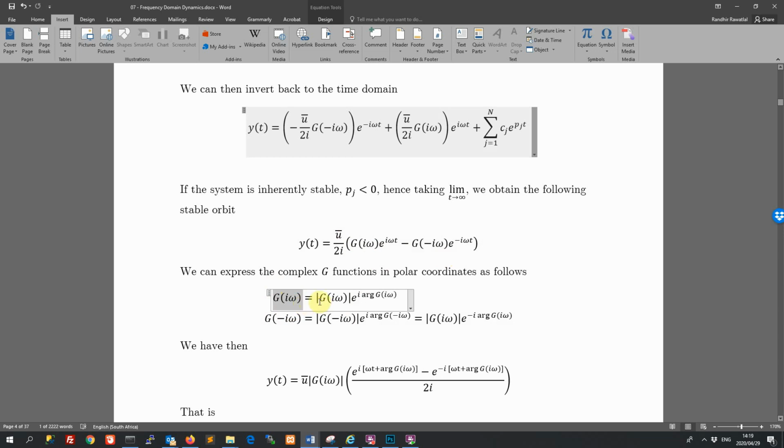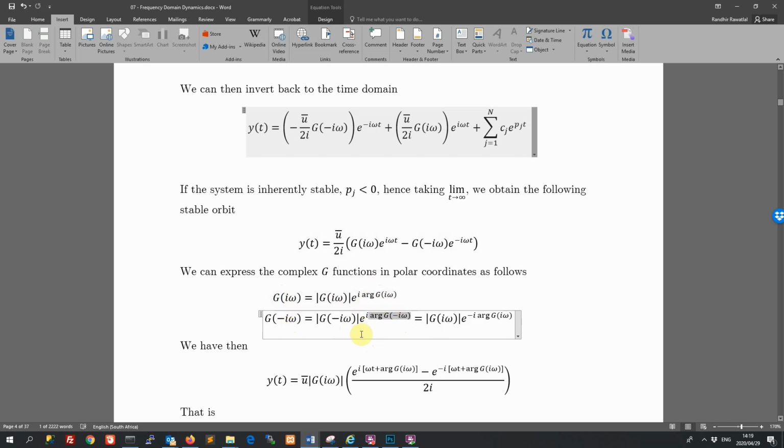And that complex number will have a magnitude and an angle, whatever those are. This is general, that's always true. Similarly for g of minus I omega, we will get some other magnitude and some other angle. So we have g of I omega represented this way.